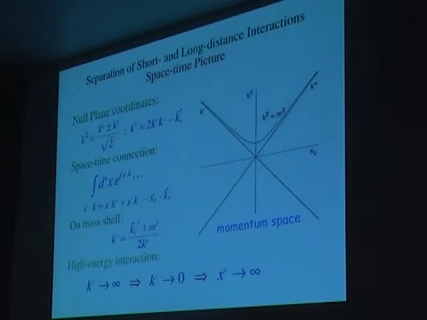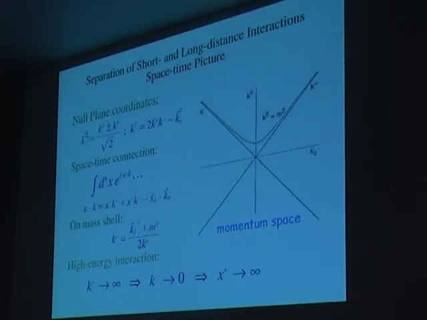Okay? So at very high energies, when the energy becomes very large and the momentum along the third direction becomes large, then if k plus becomes very large, k minus would be inversely proportional to that and goes to 0.